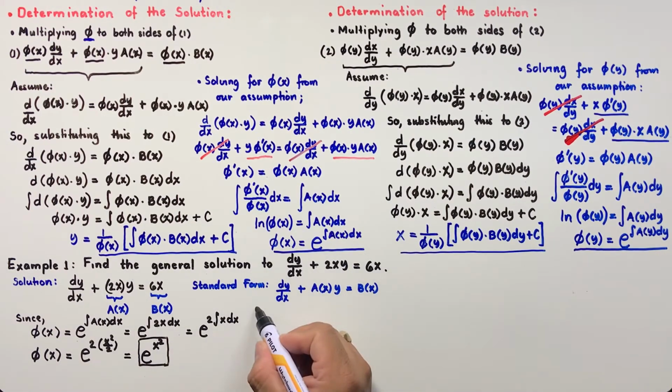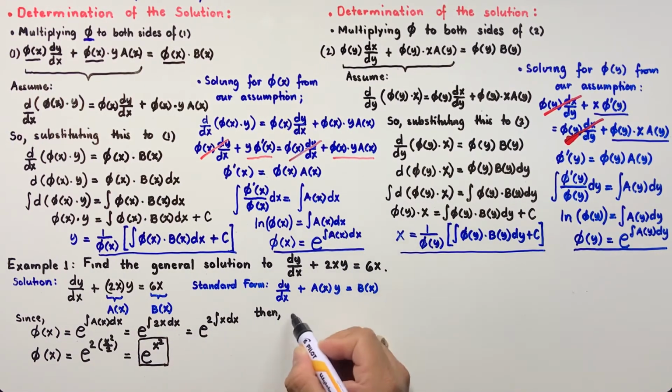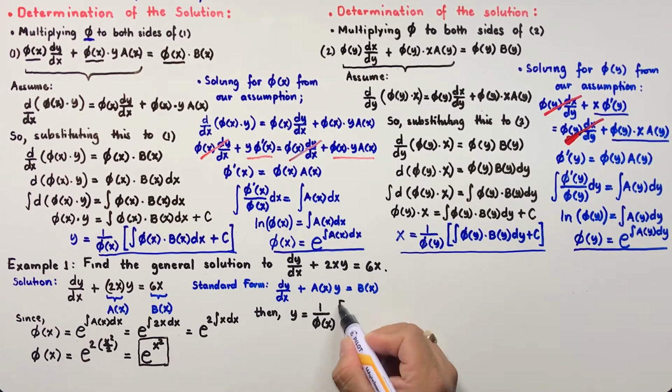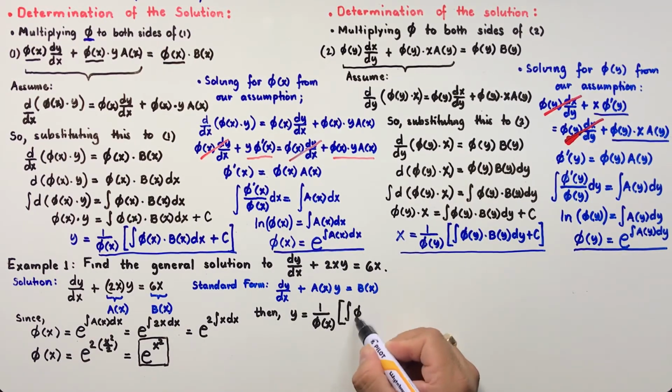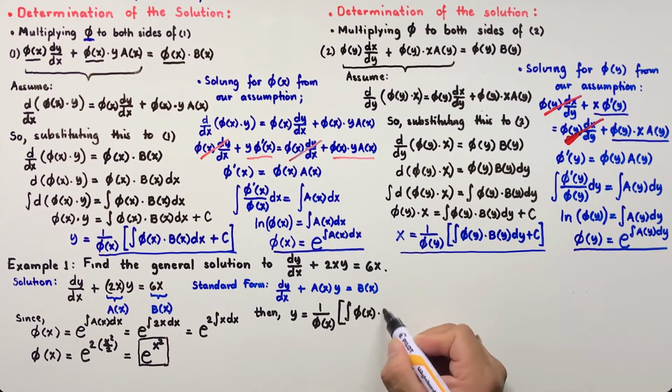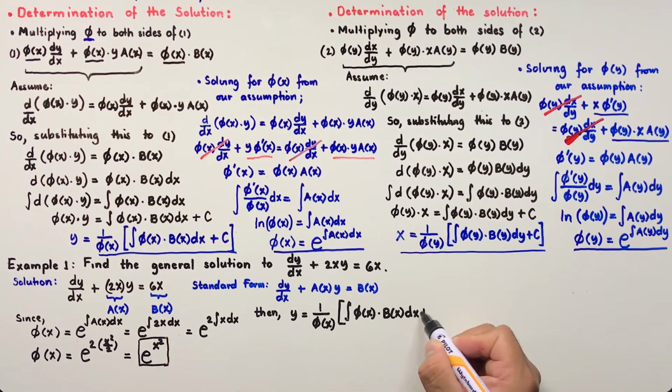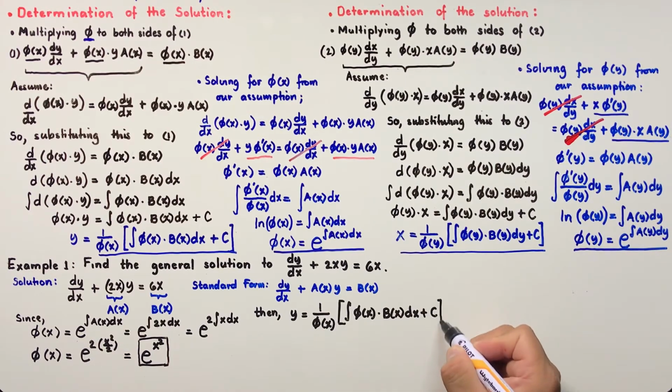So this is our integrating factor that we need for our solution function. Then our solution function y is of the form 1 over phi of x times the integral of phi of x times b of x dx plus the constant of integration c.